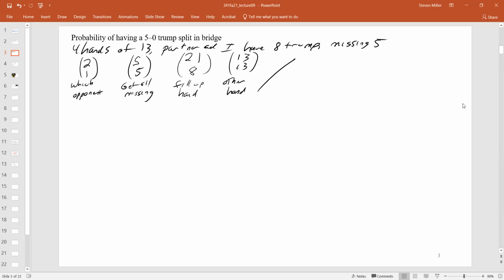I now want to form 2 hands of 13. So how would I choose the first hand?